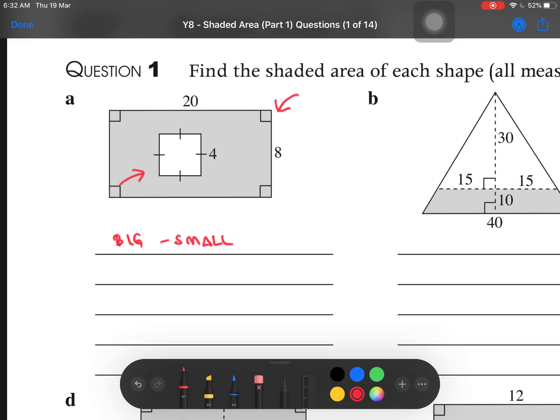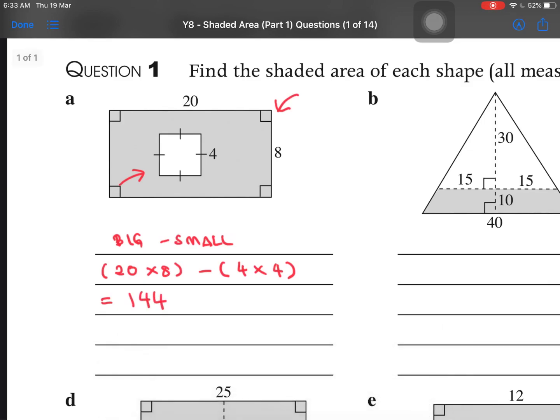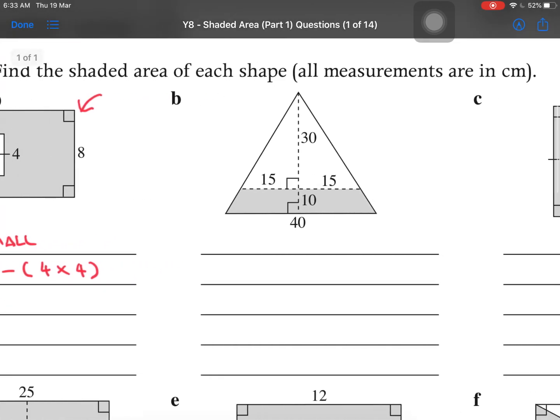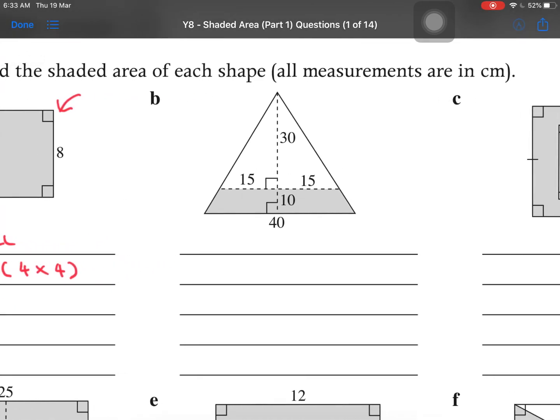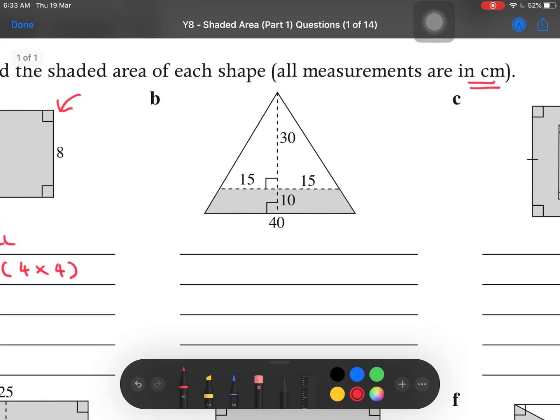So in this case, I put brackets, 20 times 8 minus, square has 4 equal sides, so it's 4 times 4. And this will give us 144. And then if we look at the instruction, they said all measurements are in cm.